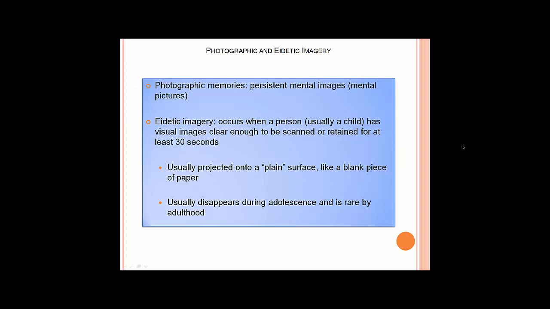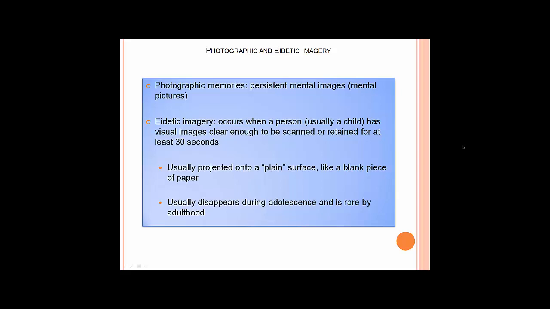Now, there's something called photographic or eidetic imagery, and eidetic imagery is like a photographic memory, with persistent mental images or mental pictures. Eidetic imagery occurs when a person, usually a child, has visual images clear enough to be scanned or retained for at least 30 seconds.